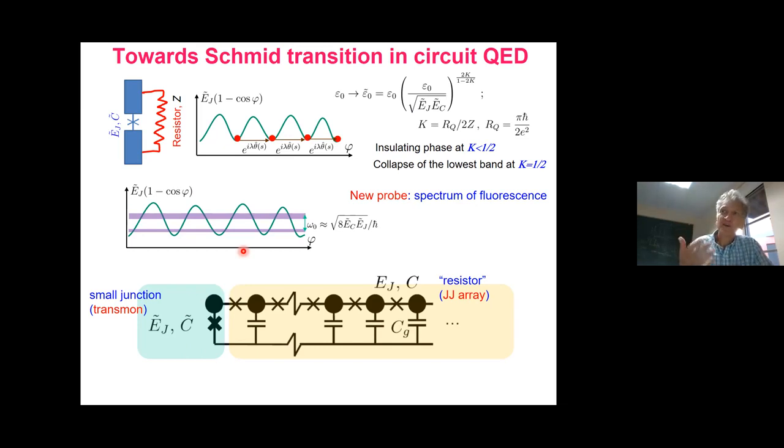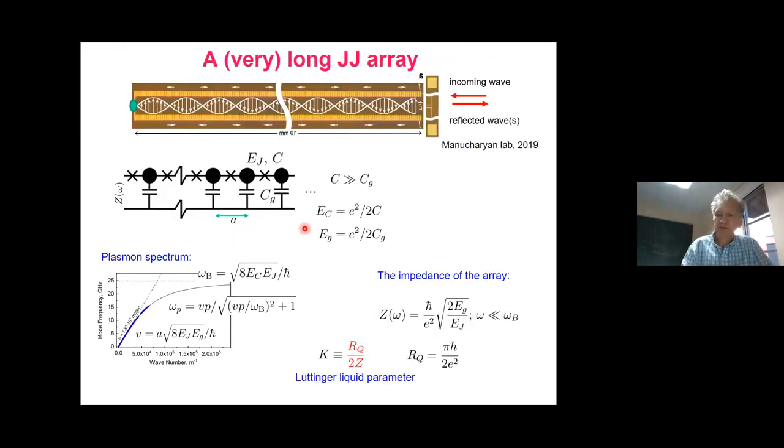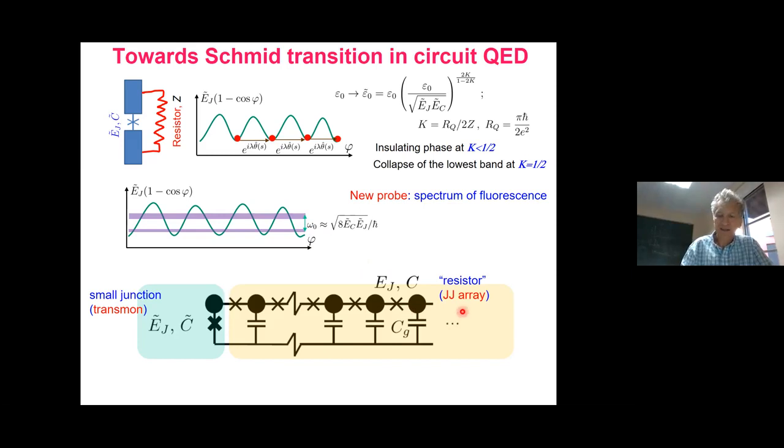Now, a new tweak is that there is a new probe. One can look at a photon that comes in with resonant frequency, and we can look at photons that come out, actually at smaller frequencies. Because of the nonlinearity of the Transmon, this process is possible.